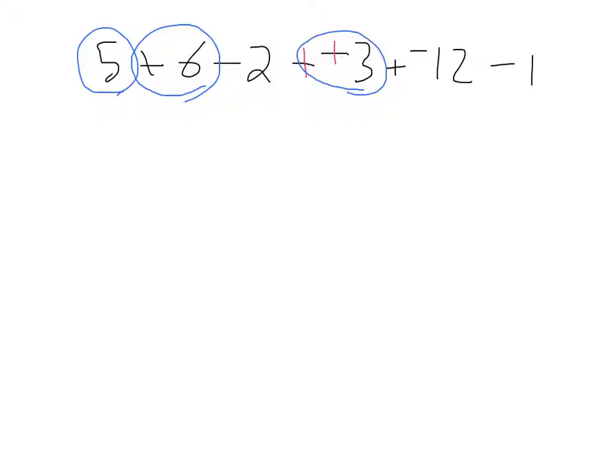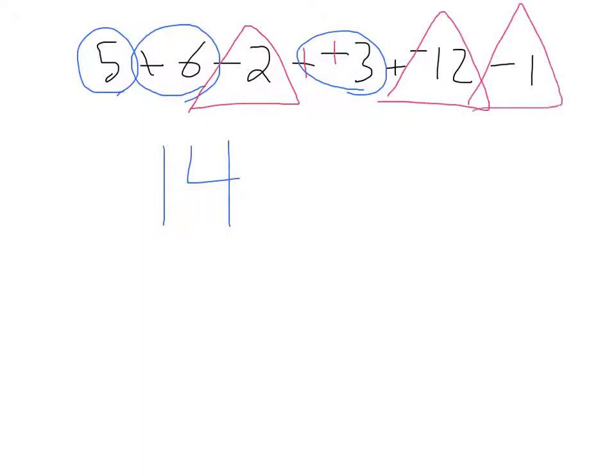So I can collect all my positive numbers up. I've got 5 and 6 is 11, plus 3 more is 14. So in blue, I've got a big positive 14. Then I'm going to collect all my negative signs. If you're just doing this in one color, what I like to use is a different symbol, like a triangle. So I've got a negative 2, a negative 12, and a minus 1, which is like a negative 1.